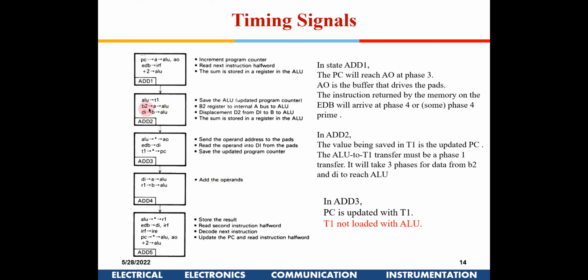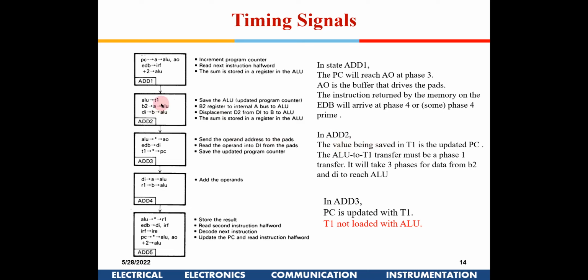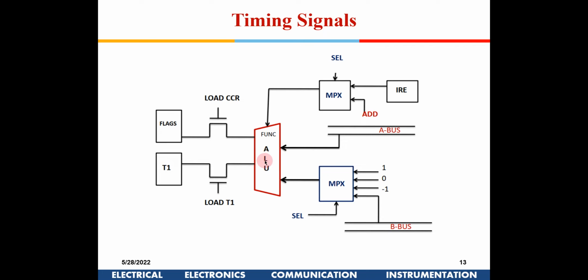This will take 3 clock cycles, so only in phase 3 will this data come into the ALU. So there is no clash here. In the very first clock, the data of the ALU will be transferred to T1. So I am going to trigger these two with phase 1.